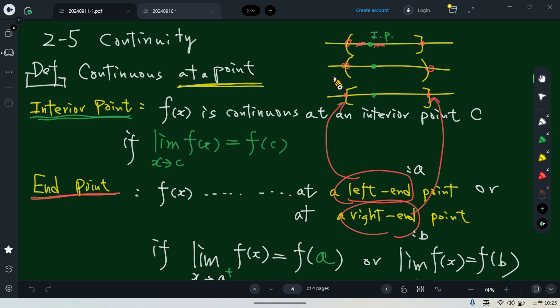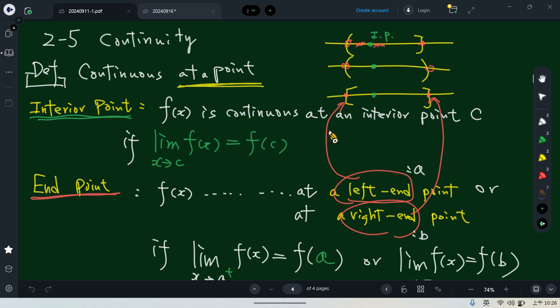Then the third aspect is we will evaluate if the function is still continuous within its domain. Do you remember when I give you a function y equals f of x? We can immediately get its domain, right?